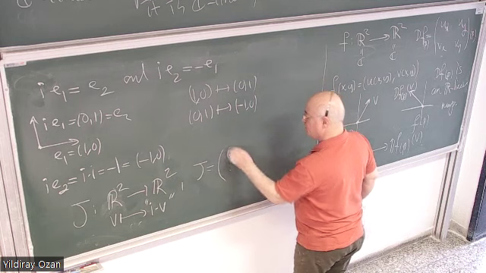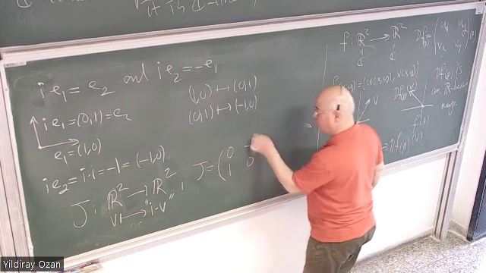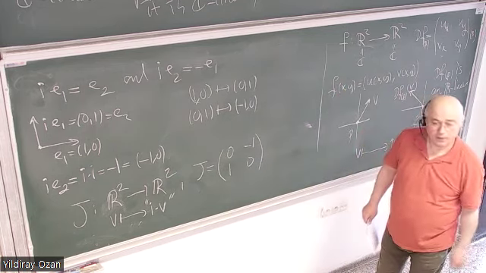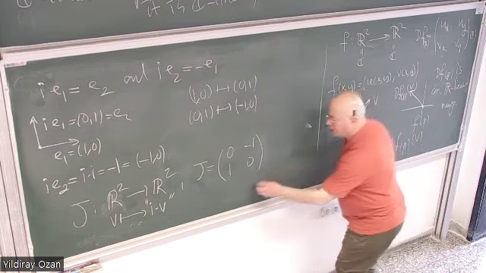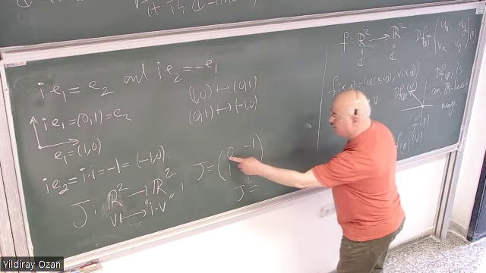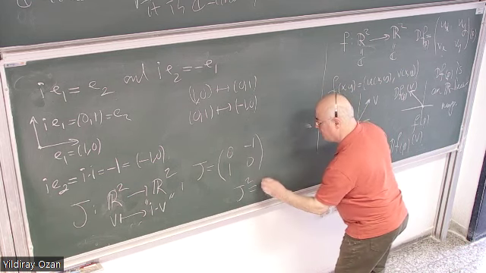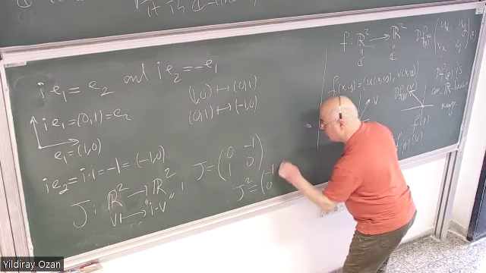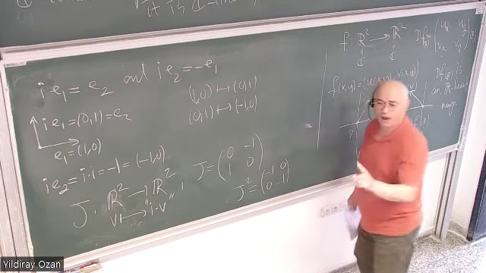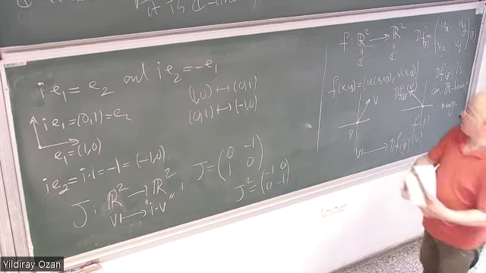So this is just the matrix with rows (0, -1) and (1, 0). And you can check that when you take the square of this, you just get minus 1, 0, 0, minus 1. So minus the identity, multiplying everything by -1.